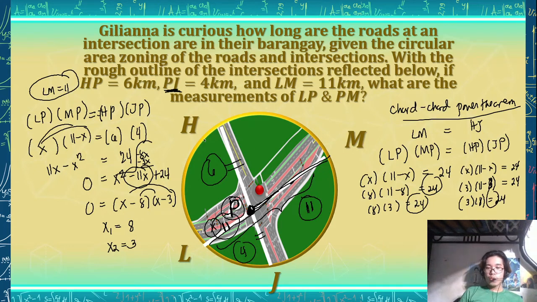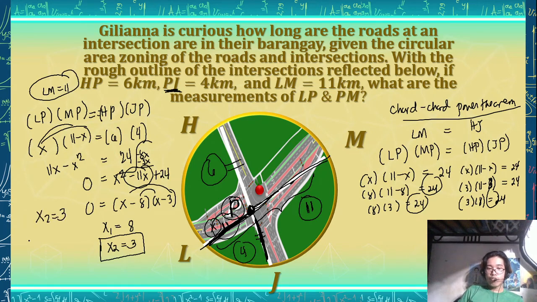Since we know that this is going to be equal to 4, and this is going to be equal to 11, what are the measurements of LP and PM? Since this is LP, it has to be directly proportional to PJ, and PJ or JP is just equal to 4. So therefore, the best value that we have based on this diagram would be equal to 3.